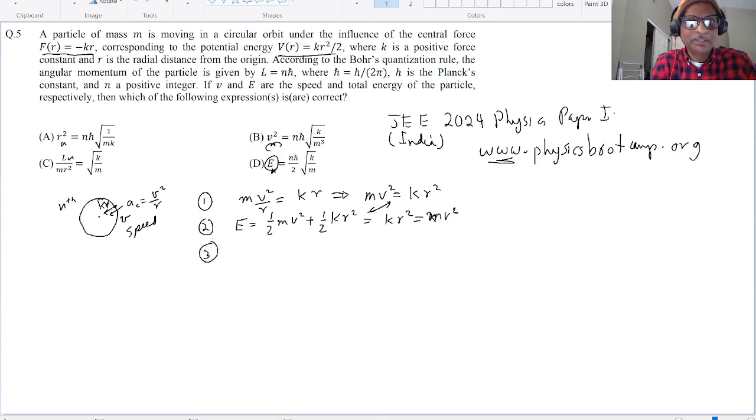And the third thing is, they even give you Bohr's quantization rule, L equals n h bar. L is r cross p for a particle, and this is just m v r. This is the only thing you really need to remember in this problem.